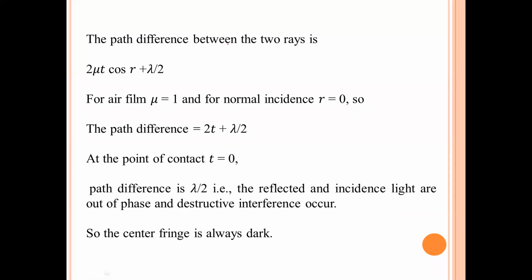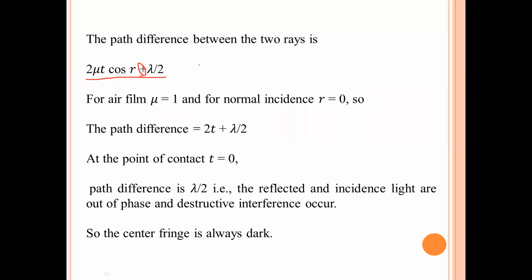the path difference between the two rays is actually 2 mu t cos r. We derived this from interference in thin films. Here, we again use the same formula, but the variation is plus lambda by 2.